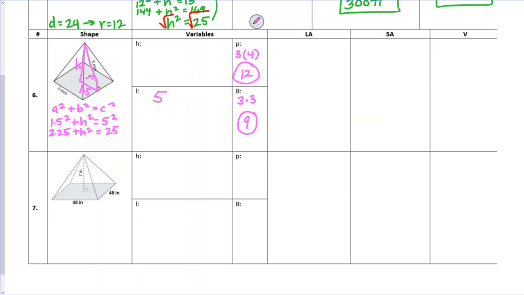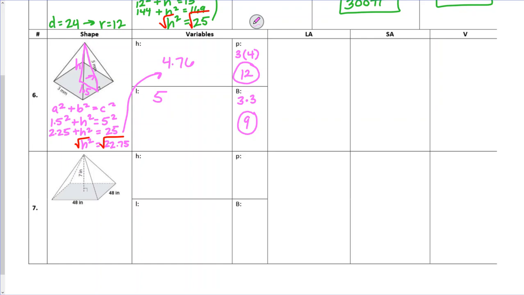And then if we subtract the 2.25, we're left with h squared equals 22.75. Now we just take that square root to get h by itself. So the square root is 4.76. So h is 4.76.